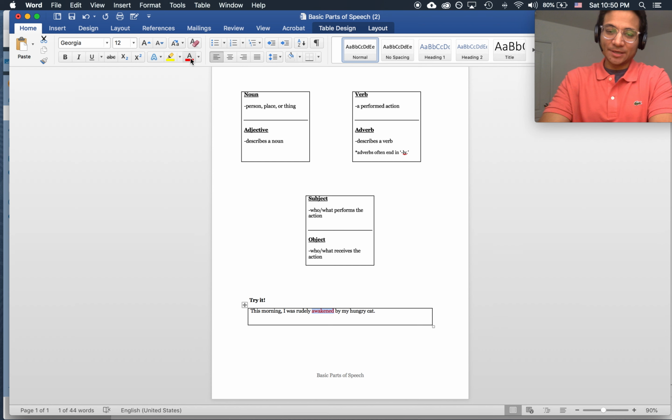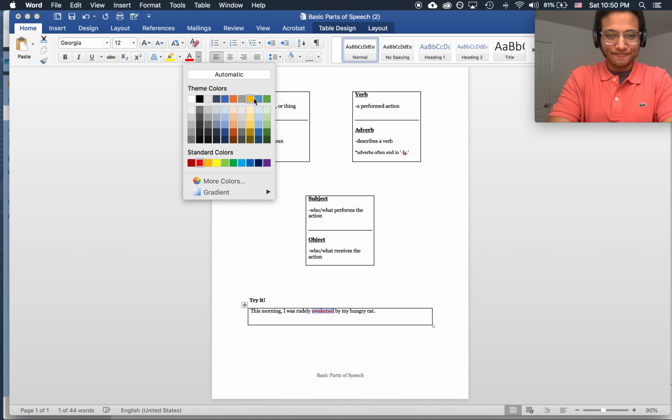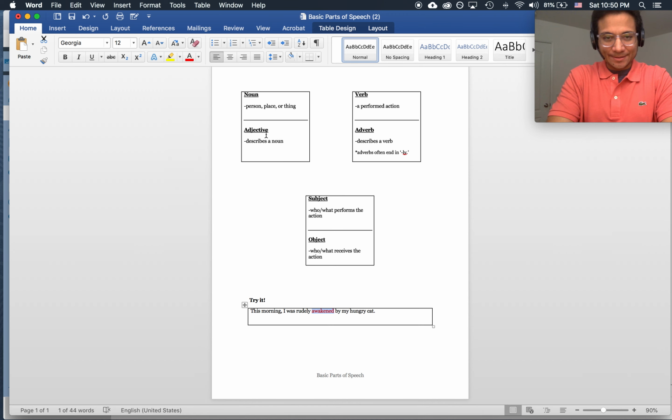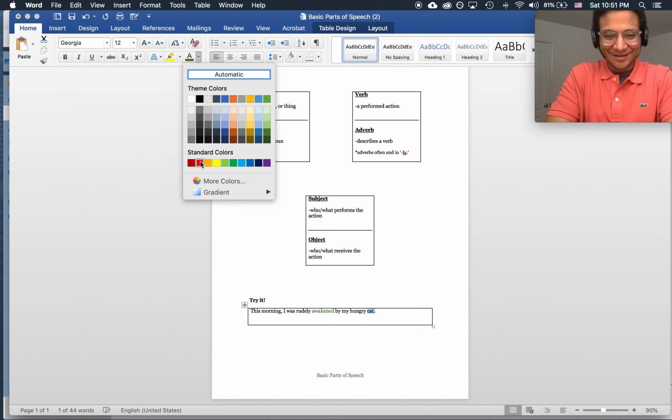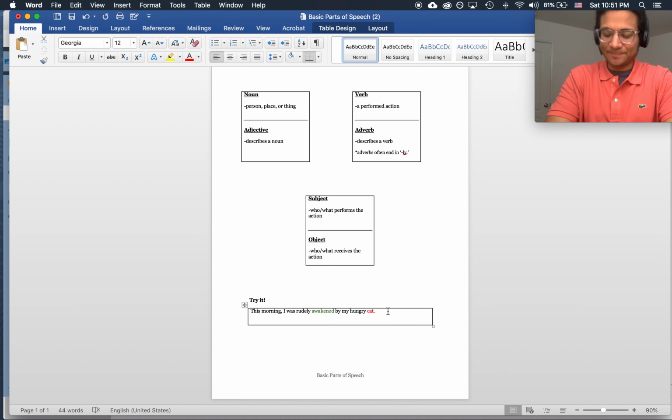So who performs the action? Who does the waking up? Which is the subject. Who's the subject here? We'll go ahead and make that green. Yes, it's the cat. Oh, that's very odd that it changed color. There we go. So the cat is the subject.